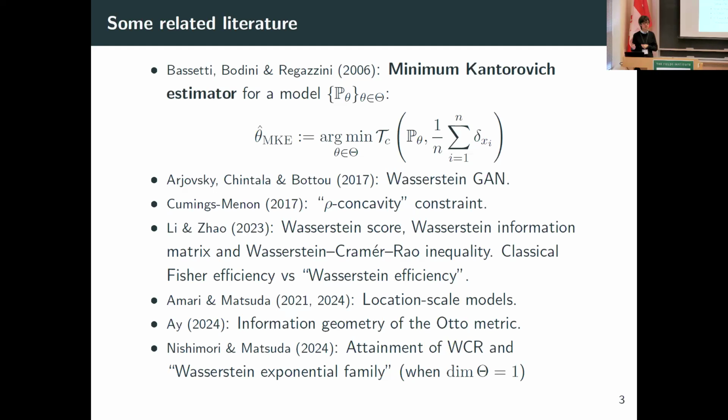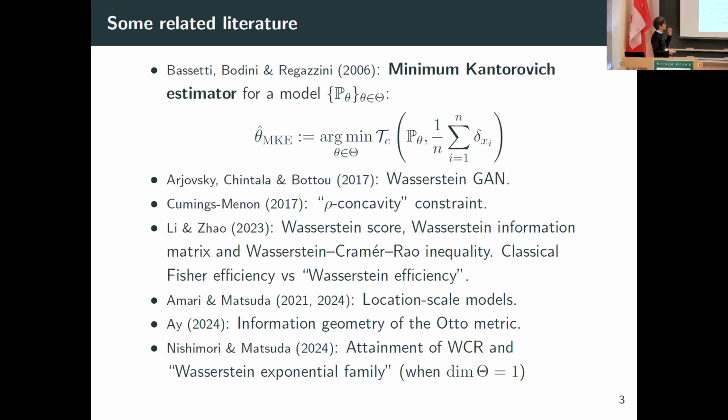And then you take the covariance matrix. So in the Wasserstein score, what you do instead is that I have a probability P theta. And suppose you go in the theta i direction. So what you do is that you transport this distribution along that direction. And then you have a potential that generates that vector field. And that potential is what you call the Wasserstein score in the ith direction.